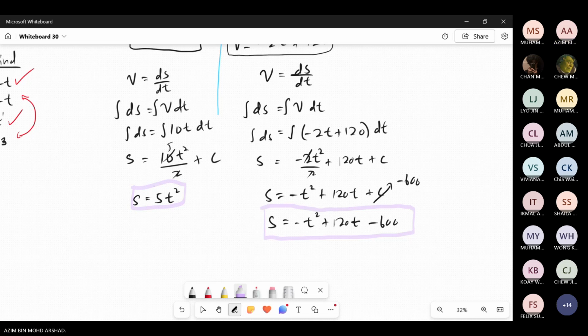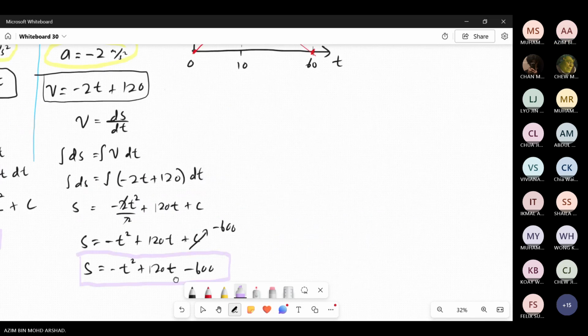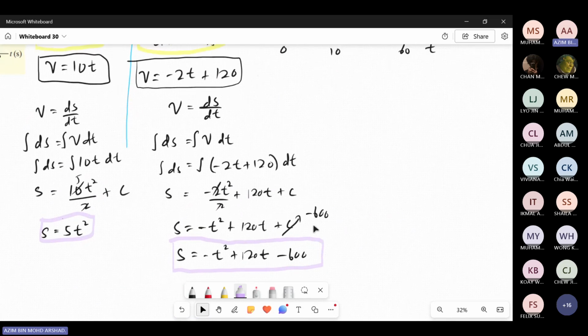Okay. So now we have to plot this. Let's plot this here. So this is S, this is T, this is 0 to 10, and this is 10 to 60. It is not so accurate because this scale is not right, but you get the idea. So we have these two segments.